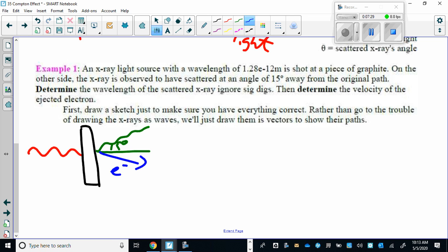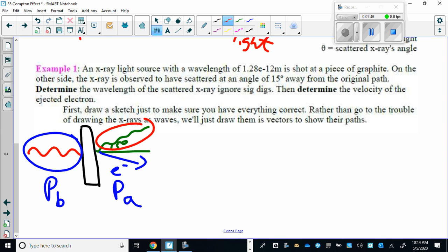but we can calculate that using the conservation of momentum. So the conservation of momentum says the momentum before equals the momentum after. And as you can see, before, we're just talking about the momentum of the photon, and afterwards, we're talking about the momentum of the photon and the electron, the combined momentum of those.